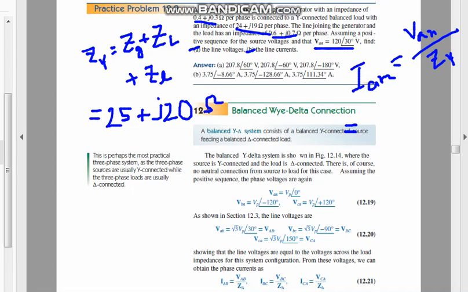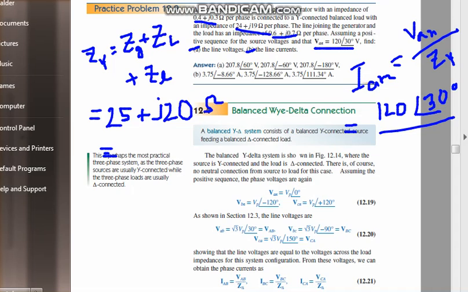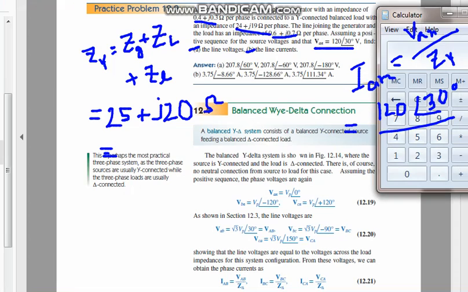So just put the values here, 120 angle 30, and divide by this ZY. To calculate this equation, you have to make it phasor form to calculate it more easily, and we can use the calculator.